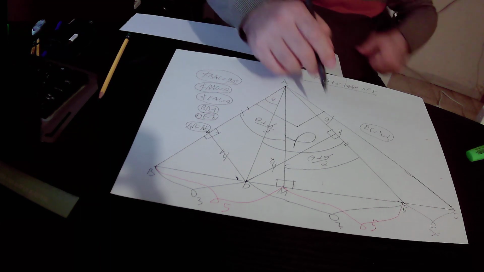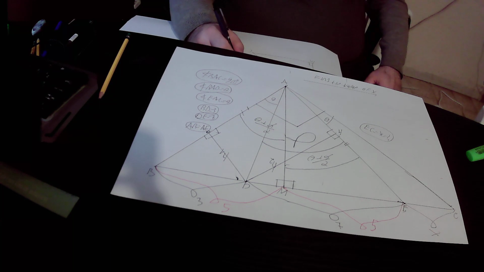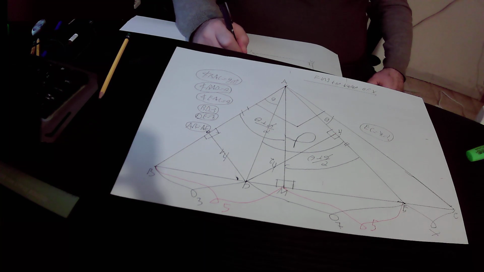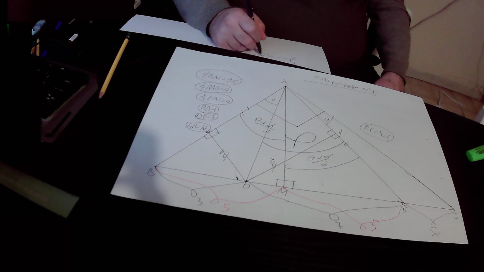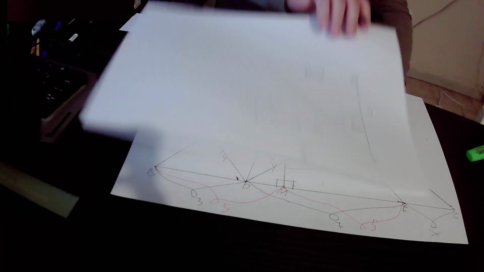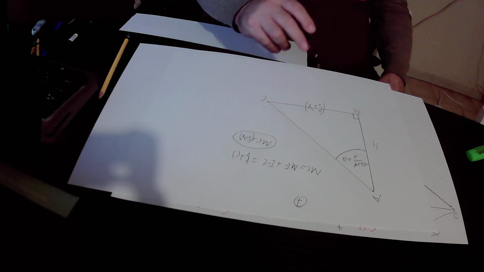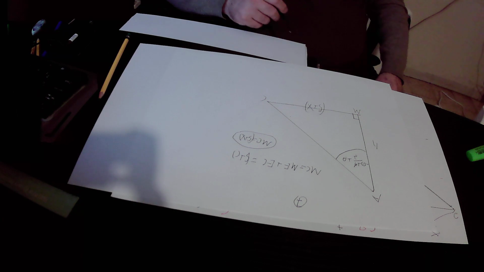But ME equals 5 units and EC equals X. So in conclusion, we found out that MC is equal to 5 plus X. And according to our definition, AM equals H.